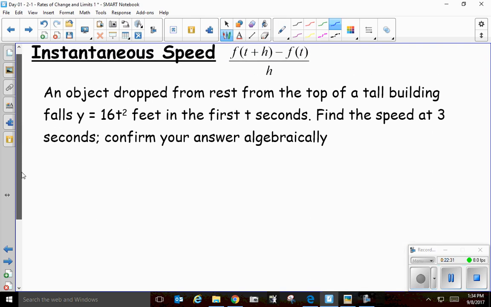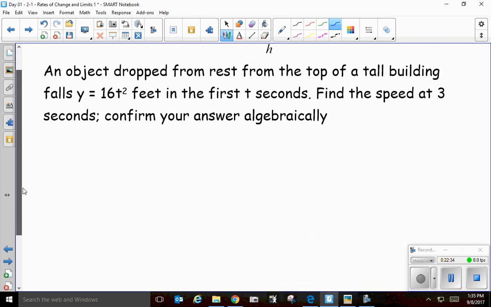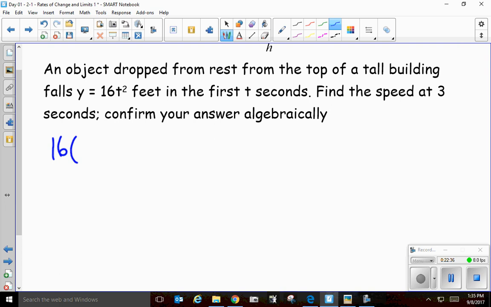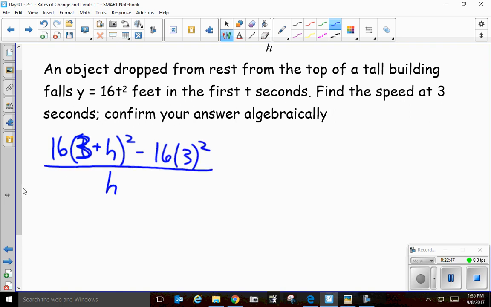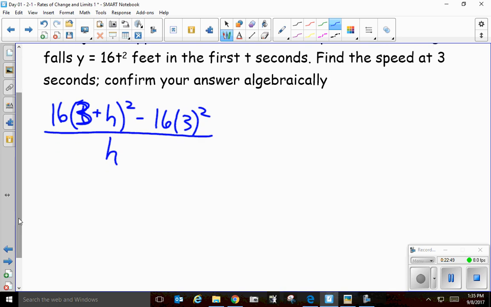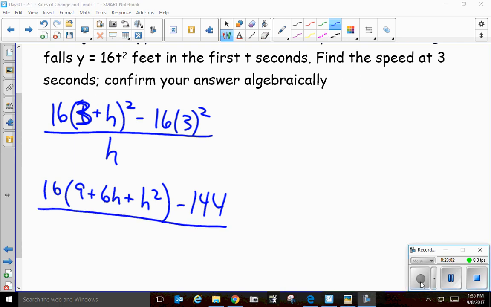So, doing the same method as before, I'm going to take 16 times t, which is 3, plus h squared, minus 16 times 3 squared, all over h. We cannot put a number in for h because it's 0. So I've got 16 times 9 plus 6h plus h squared minus 144 all over h.